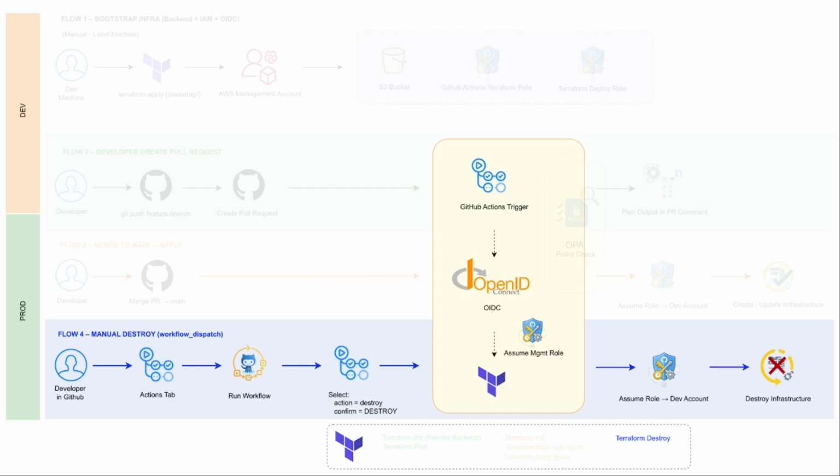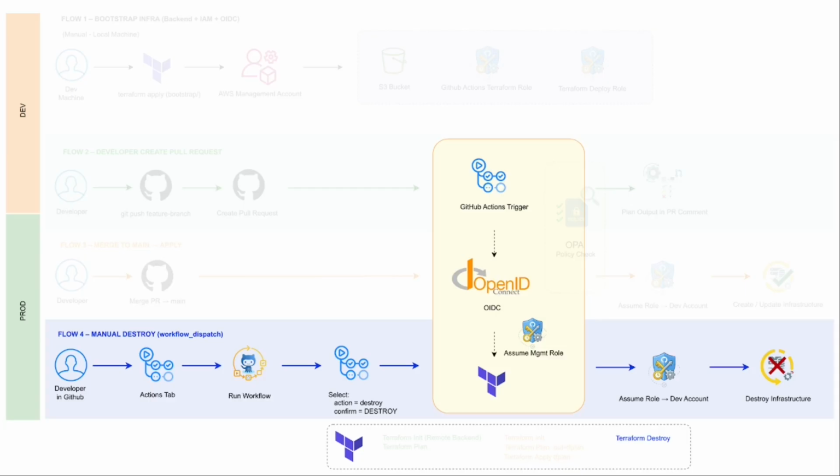Finally, flow number 4 handles destruction, the most sensitive action. Destroy is never automated. The developer must go to GitHub Actions, manually run the workflow, select destroy and type destroy as a confirmation.